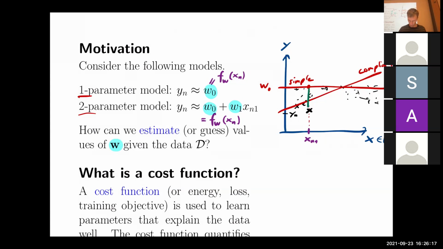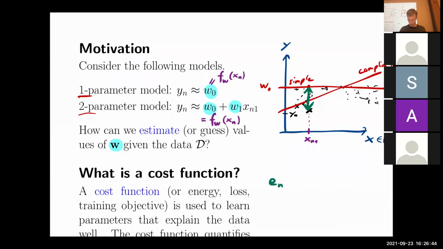It's somewhere else. And this distance here from the red model to the black data point, that is the error, and that's what my cost function is going to capture. So capture the error, measure that, and punish it more. Higher errors are going to be more punished than lower errors. Does that make sense?